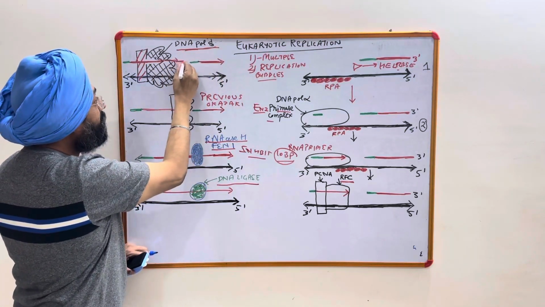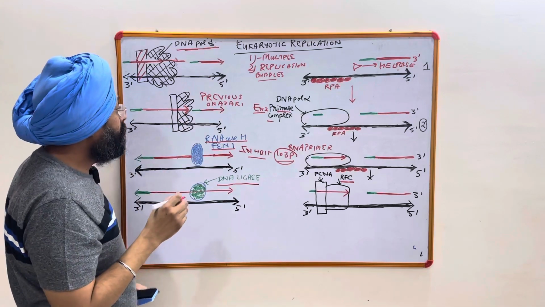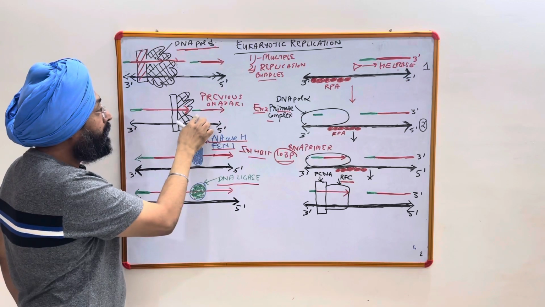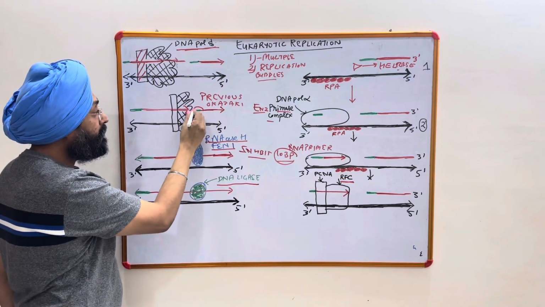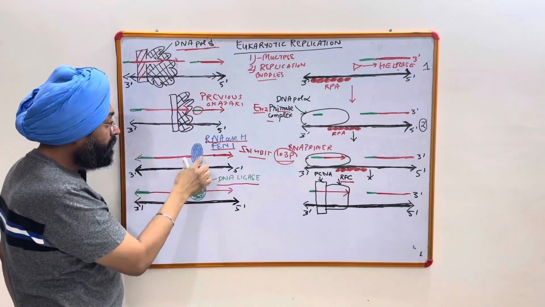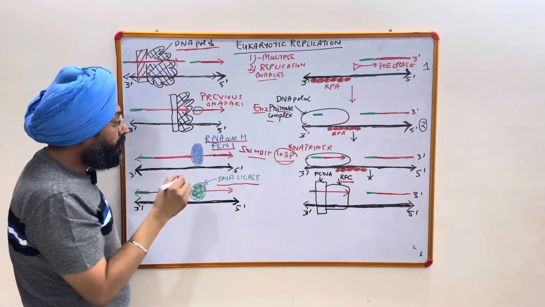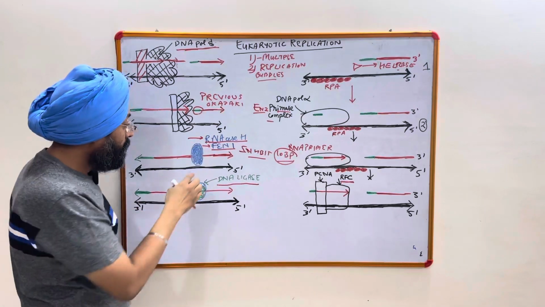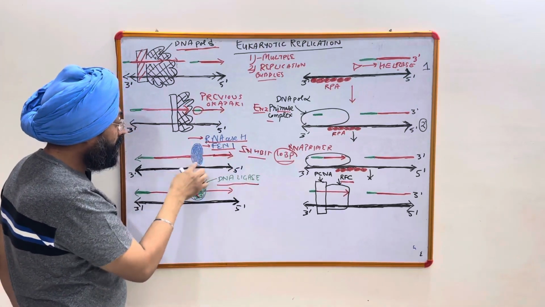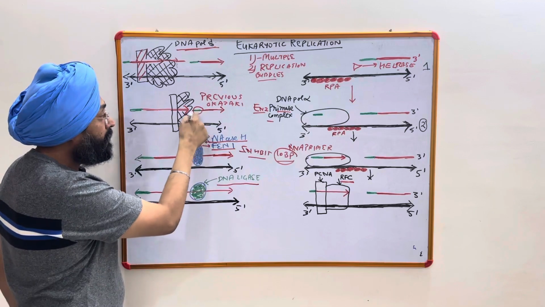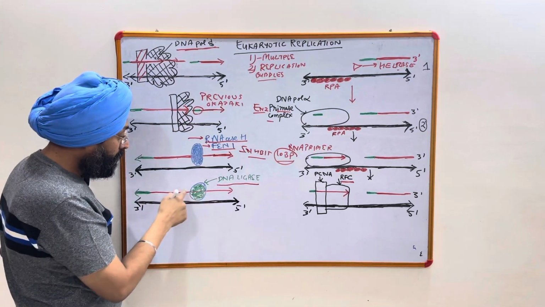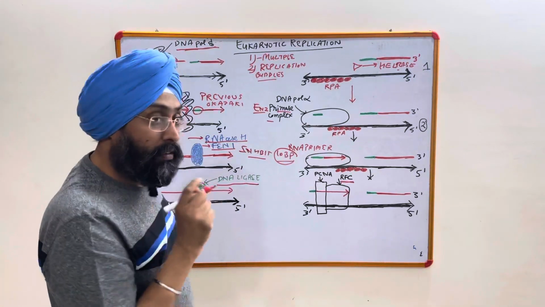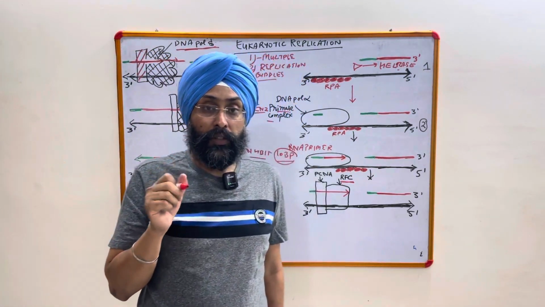When the primer reaches the length of the previous Okazaki fragment, where the green RNA primer is attached, here comes the role of RNase H and flap endonuclease 1. They will stop the replication here, the green RNA primer is removed, and the gap is ligated by DNA ligase. So that finishes replication in eukaryotes on the lagging strand.